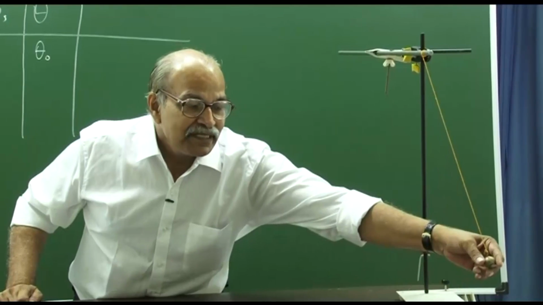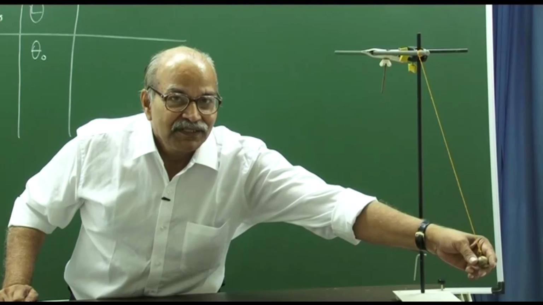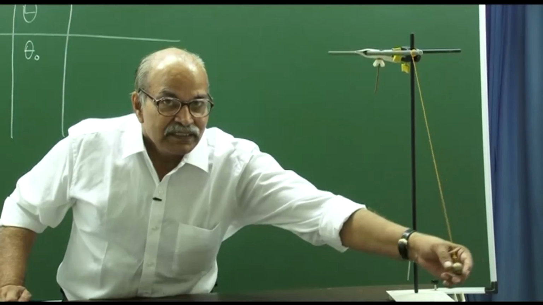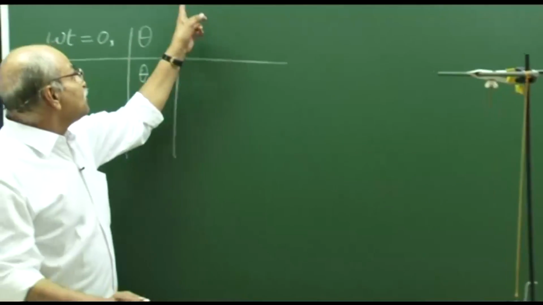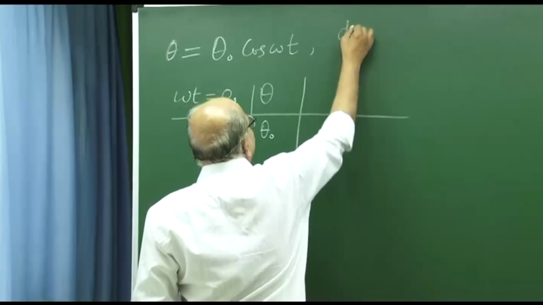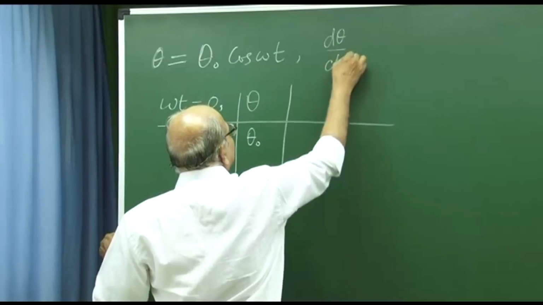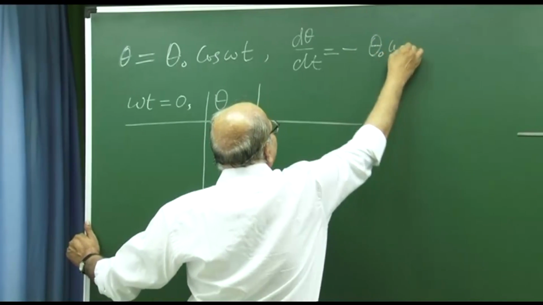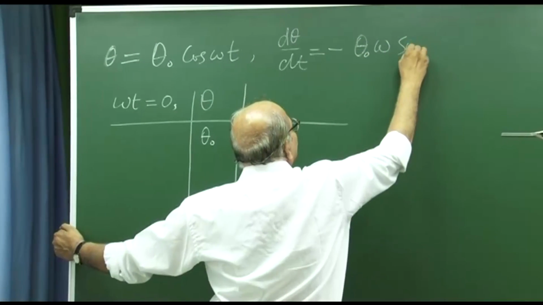So, the pendulum is on its positive extreme, this position theta naught. And what is the velocity here? The angular velocity, it is 0. Once it is at extreme, the angular velocity is 0. That also will come from here. If this is theta, the angular velocity you can write d theta dt, and that will be minus theta naught omega sine omega t.